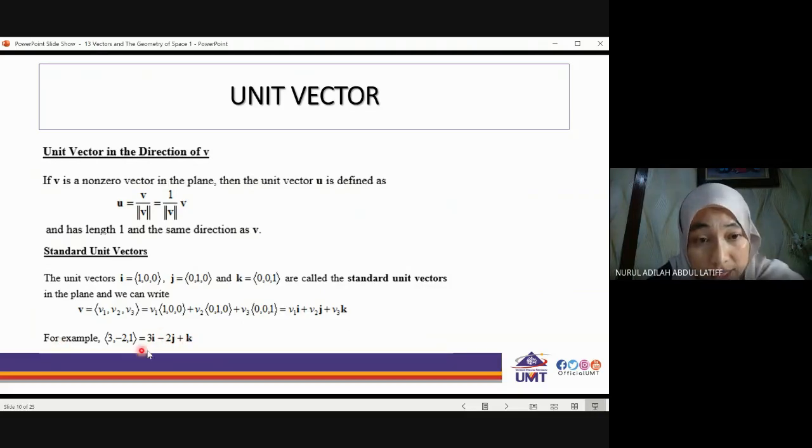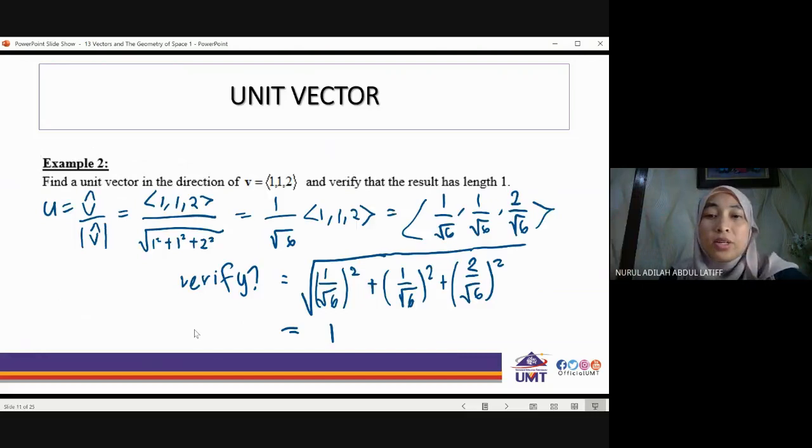So remember, this is the same. If you find questions like this and you have to find, for example, the scalar products, I will show you after this. You can just use this form to answer the question. We'll look at examples later.